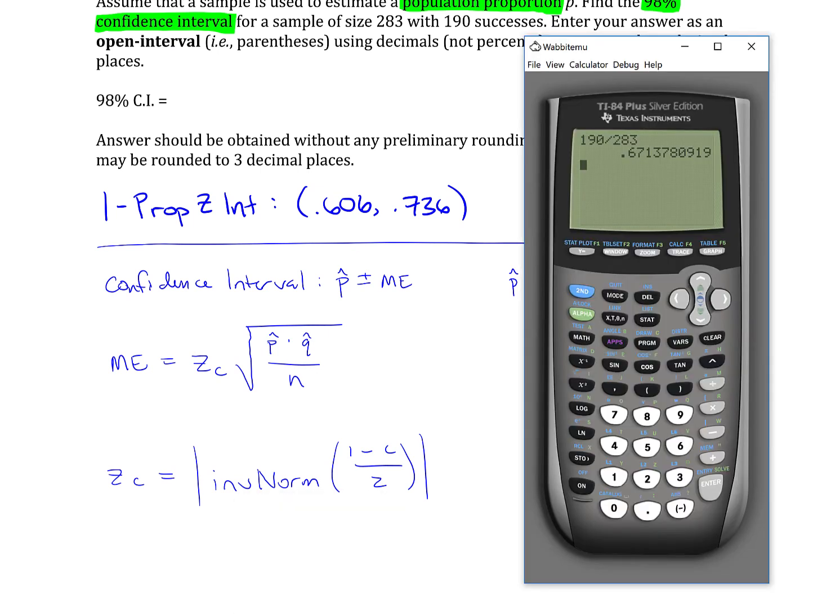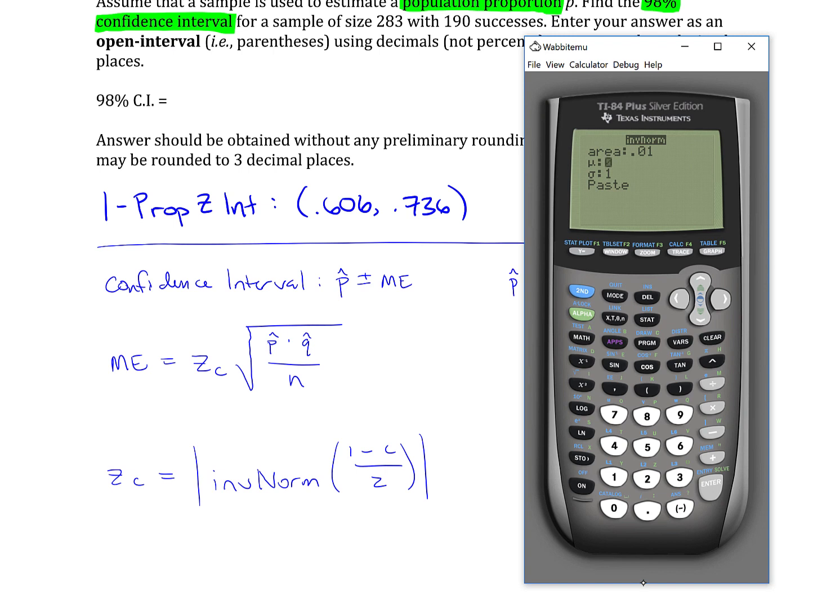Now, in this case, I'll get my calculator out here. Our level of confidence is 0.98. So if I take 1 minus my level of confidence, divided by 2, that gives me 0.01. Now, I need to do inverse norm. So second vars gives me the distribution menu over here to inverse norm. And the area that I need to input here is 0.01.